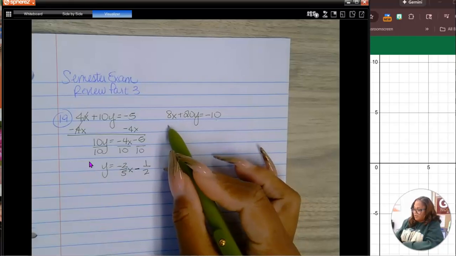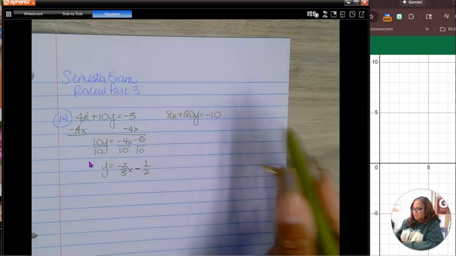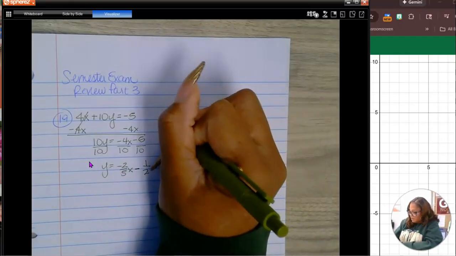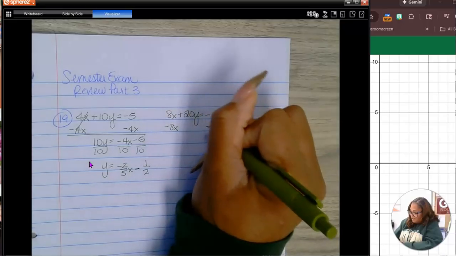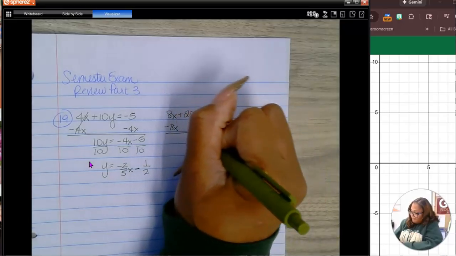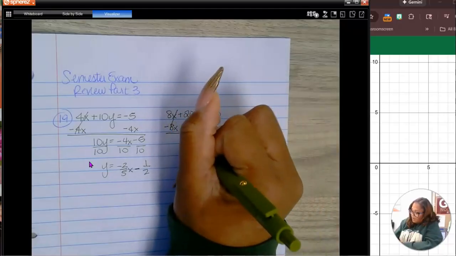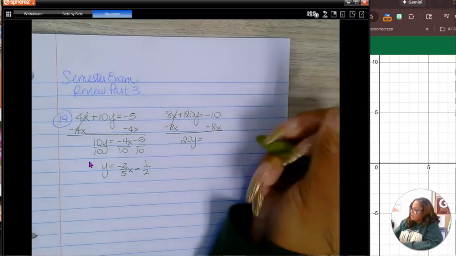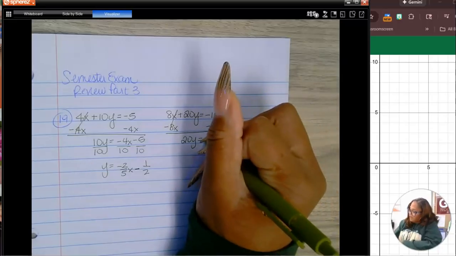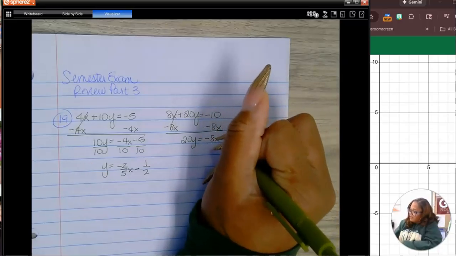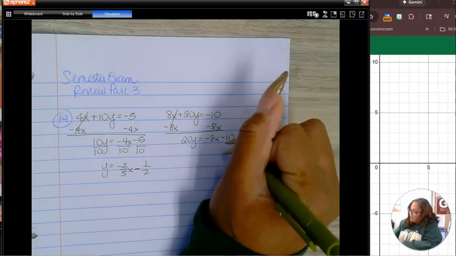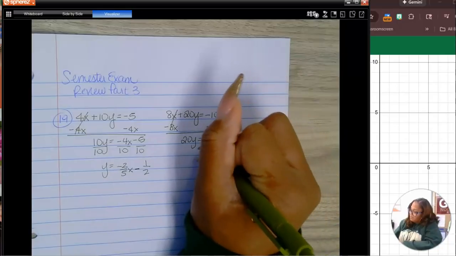And then over here, we'll subtract 8x from both sides. These cancel out. I've got 20y equals negative 8x minus 10. Then divide everything by 20.